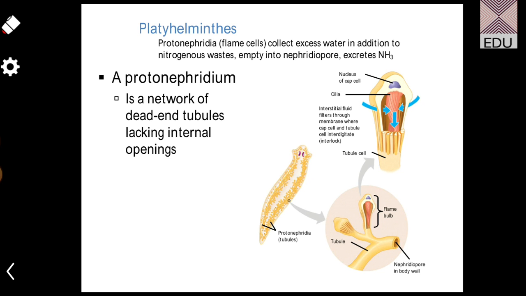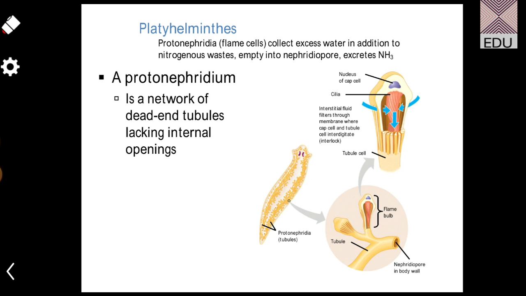Now this ultrafiltration process has occurred because of the movement of the cilia. So when the cilia move, the pressure decreases, and ultrafiltration occurs. Now the excretory products are in the lumen.